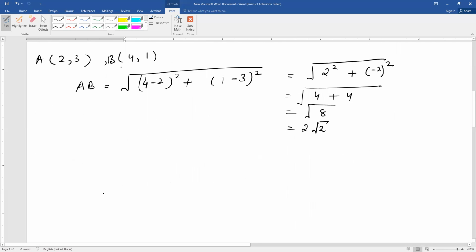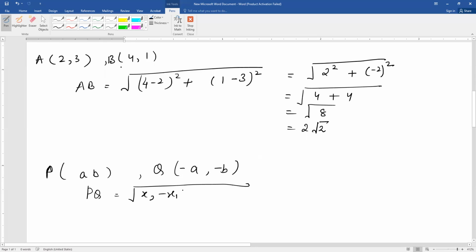Suppose you are to find the distance between 2 points, say P is (a, b) and Q point is (minus a, minus b). Now what will be the distance PQ? Again you write this formula, x2 minus x1 whole square plus y2 minus y1 whole square. Now what is x2 here?